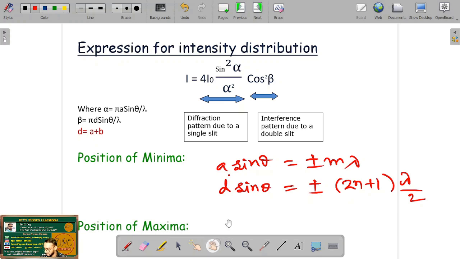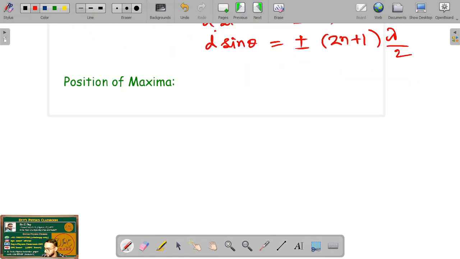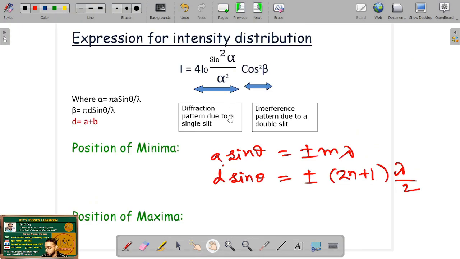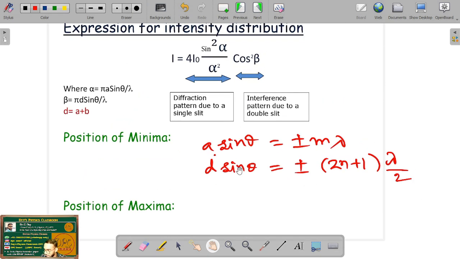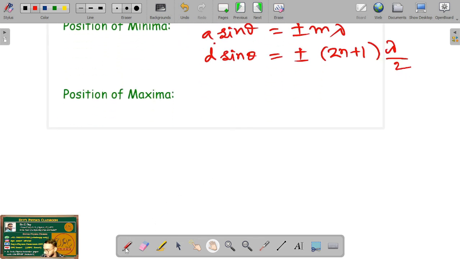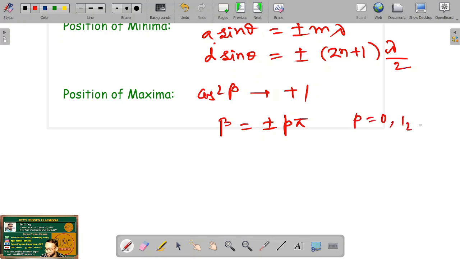Similarly, we have to find the positions of maxima. The positions of maxima: when m equals 0, that is the condition for the principal maxima. And when the second part, the cos square beta term, becomes plus 1, that is maximum, that means cos square beta is plus 1, or beta is plus minus p pi, for p starting from 0, 1, 2, 3.